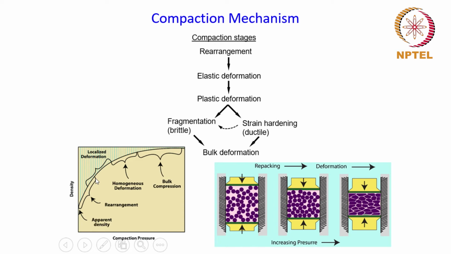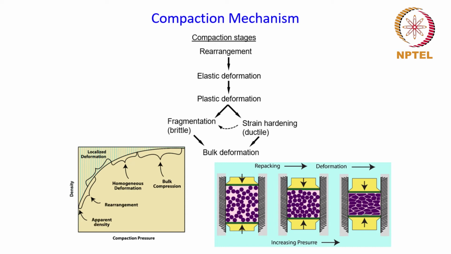First, the rearrangement at low pressure, and then as the pressure is increased, it will go through the elastic and the plastic deformation processes. So in the beginning the deformation will be primarily at the contact points of the powder particles. They will start to deform and the pores in between them will start to close.